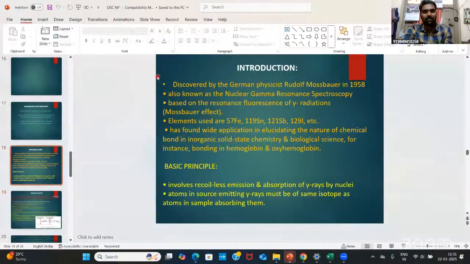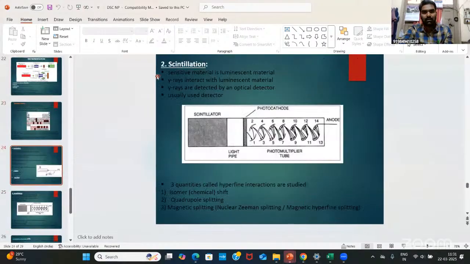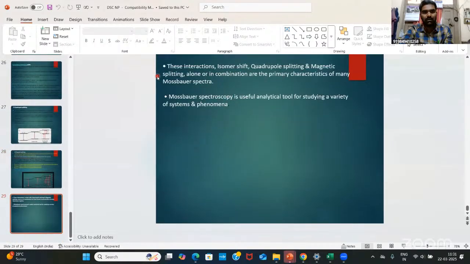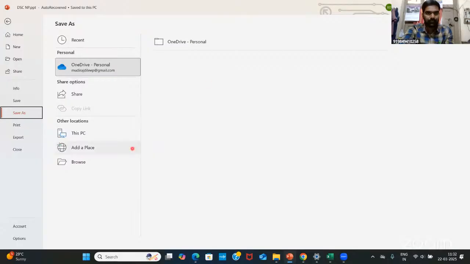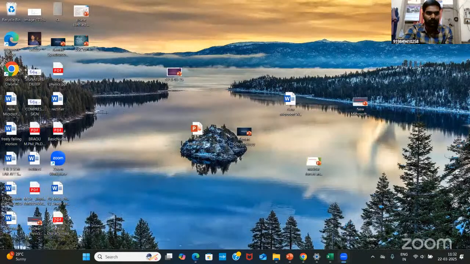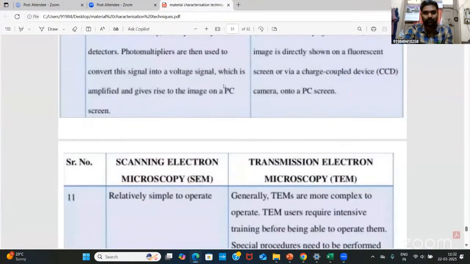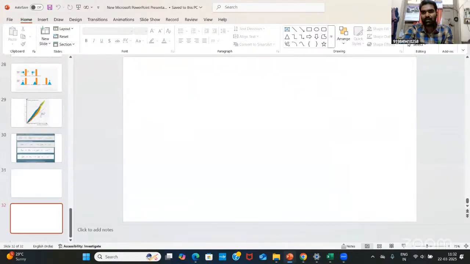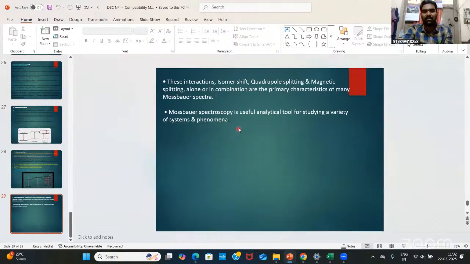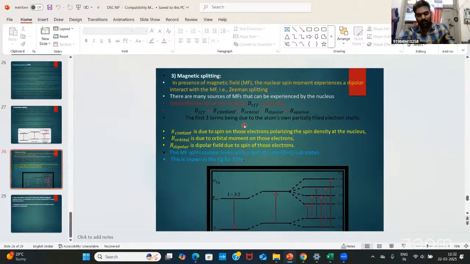So these Mössbauer effects are used in a variety of applications. Let me give some examples.